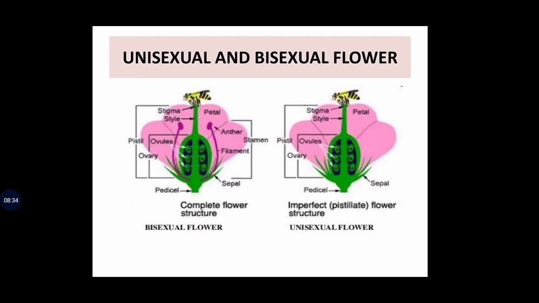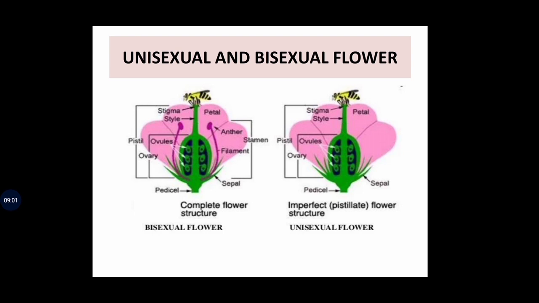You have understood the concept of unisexual and bisexual flowers. Look at the second flower. It is a unisexual flower, which is otherwise called an imperfect flower, also called pistillate. In this flower, only one, that is either gynoecium or androecium, is present.